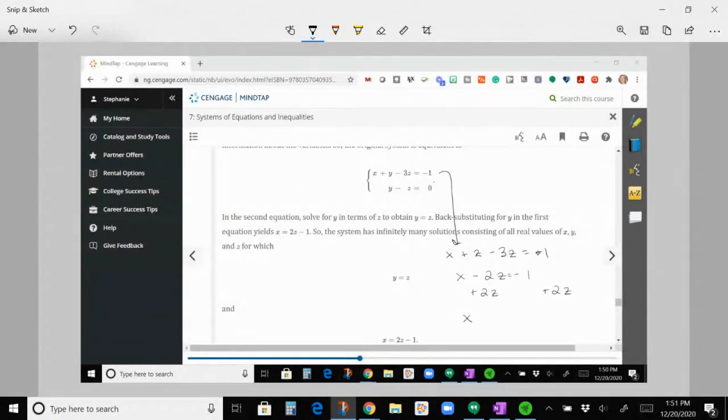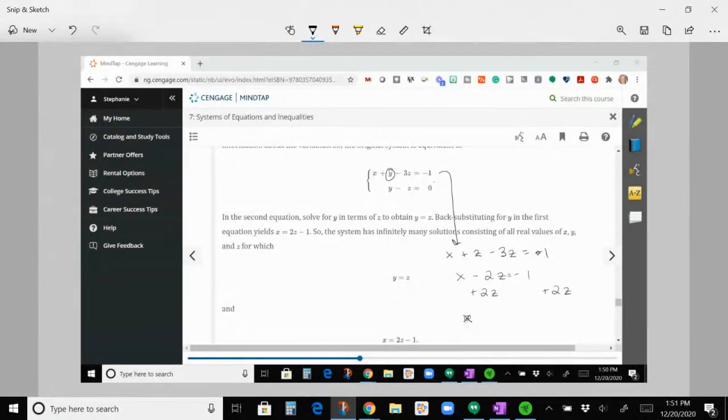Wait a sec. So you're adding the y's and the z's? We replace y with z because y is equal to z. So instead of x plus y, it's now x plus z. Oh, okay.